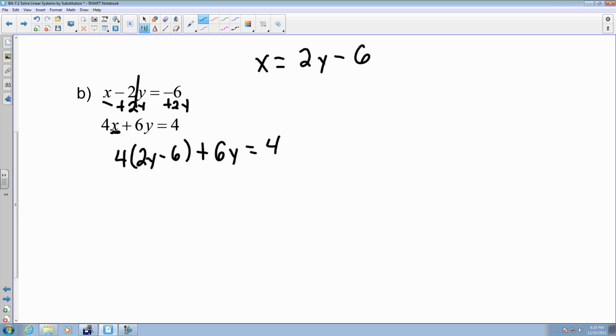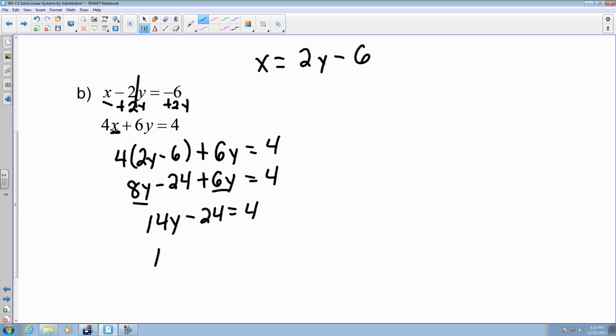So I'm going to distribute my 4 times 2y is 8y, minus 6, so that's minus 24, because 4 times 6 is 24, plus 6y equals 4. So I combine like terms, I got an 8y and a 6y, that leaves me with 14y minus 24 equals 4.